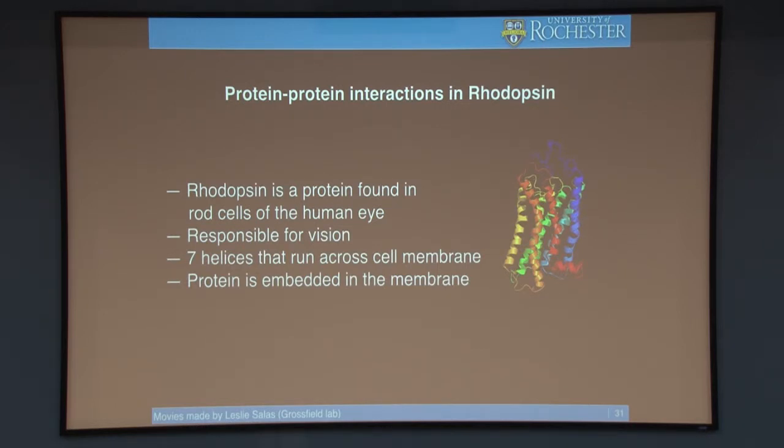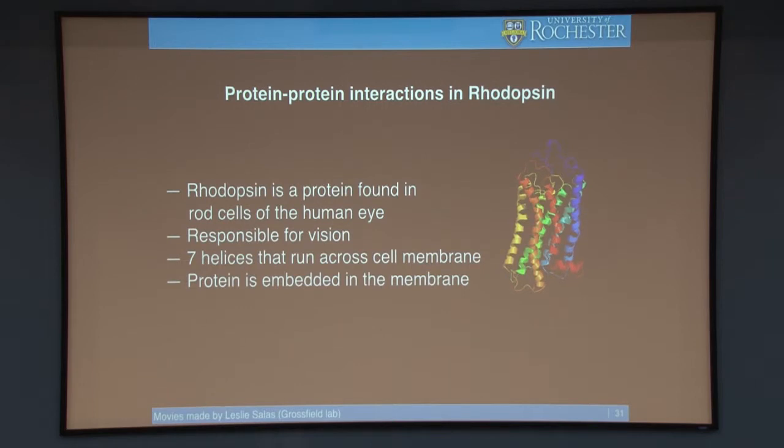So this protein is actually inside the membrane, and these helices are embedded inside the membrane. This protein goes through a lot of shapes as light is emitted on it. My lab looked at a specific state, which is called the dark state of the protein.